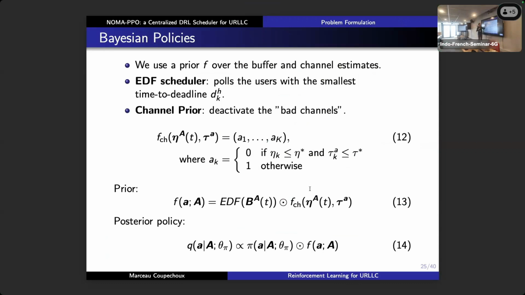So we take this into account as a prior, and we also include a channel prior, in the sense that we should not poll people with a bad channel. For example, if the receive power is less than a threshold and this information is not too old compared to the coherence time, then I know that the channel was bad, so I deactivate this device.